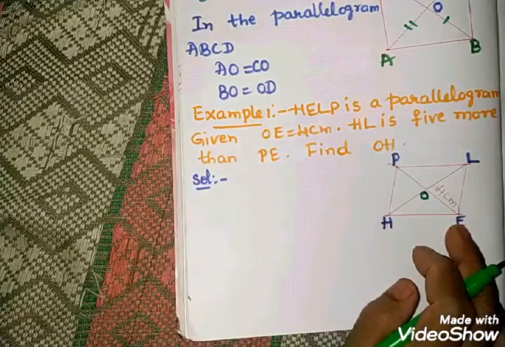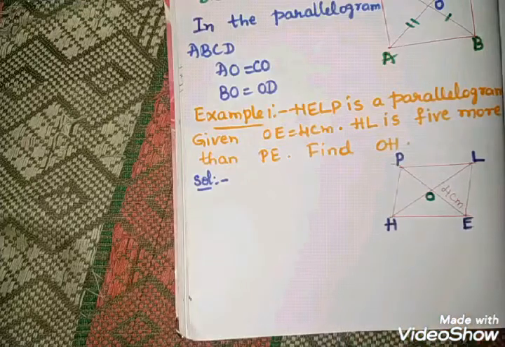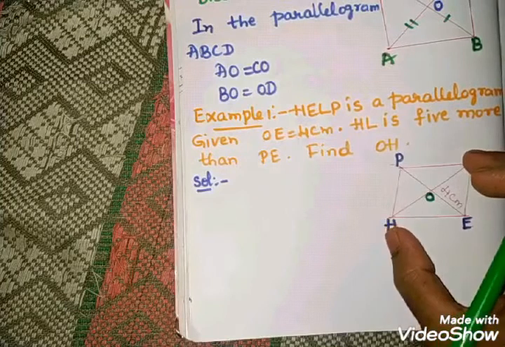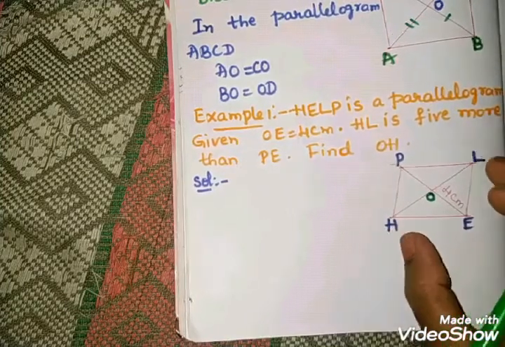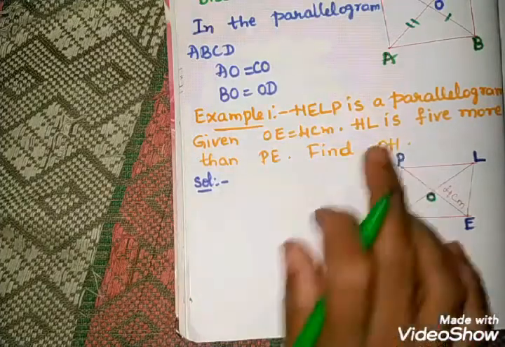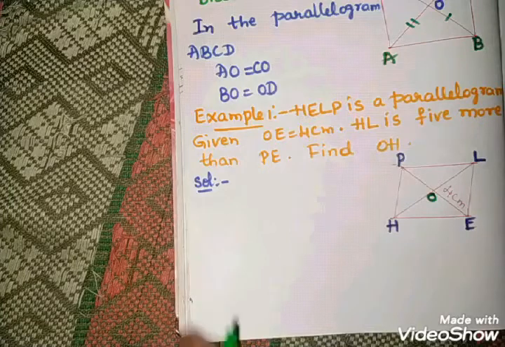They gave only that much. HL is 5 more than PE. That is, diagonal HL is 5 more than PE. We have to find out OH. Find OH. So, let us start solving it.